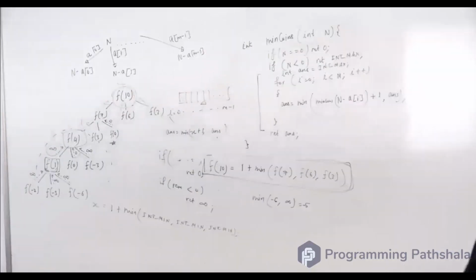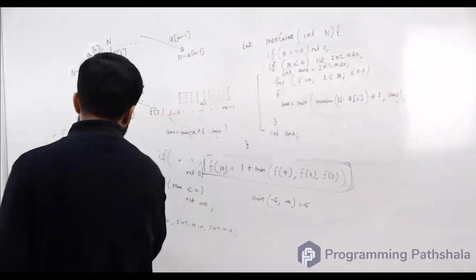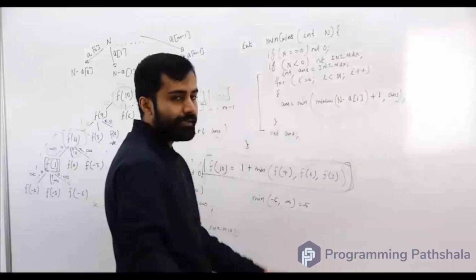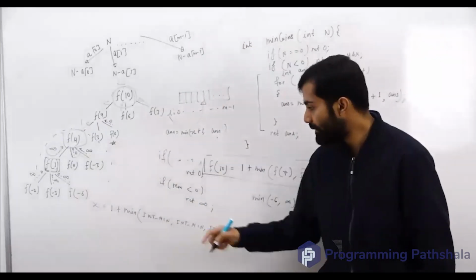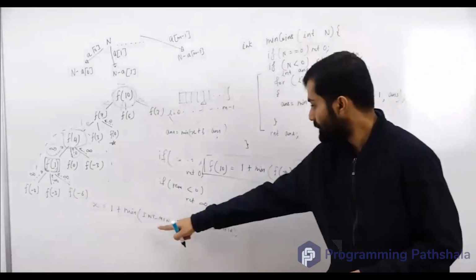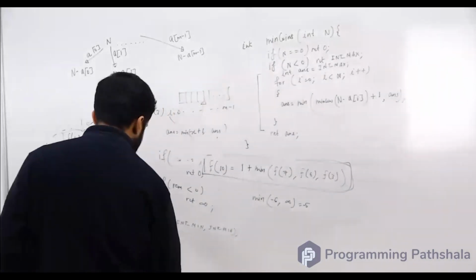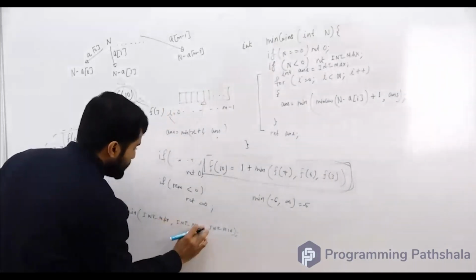How will your computer respond to this? Theoretically, you will say, hey, 1 plus infinity is infinity, but your computer will not agree to it, because if you add 1 to the maximum integer value, sorry, it's max, not min, max.